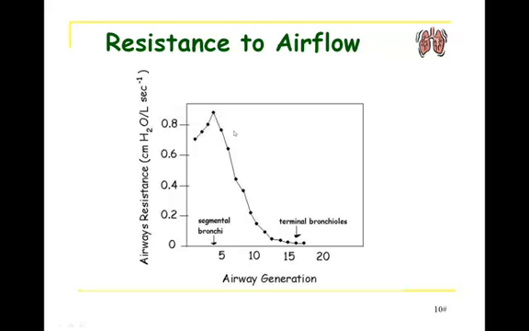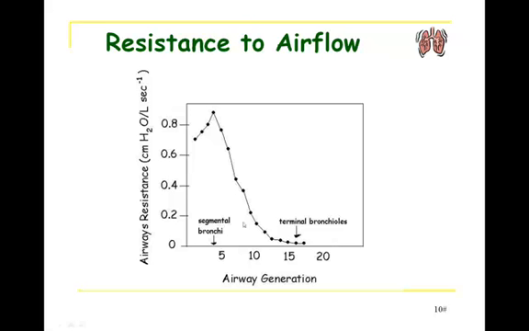But you'll notice resistance drops as we move down the airway generations. So I was like, why is that? Well, as the total cross-sectional area increases, resistance drops. The way these things are arranged, again, is pretty much in parallel instead of series.